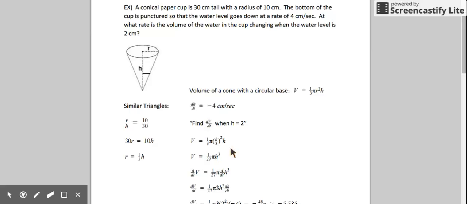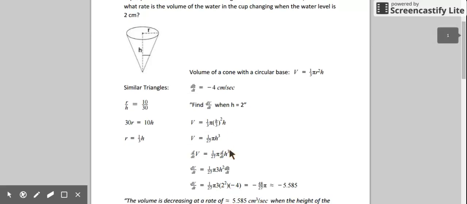So to find the derivative of the volume equation, that's how I maximize or minimize anything. Find the derivative. So the derivative of volume with respect to time is dV/dt. 1/27 pi is a big constant term. We don't derive constants, so I'm going to shift that off to the side and just derive h cubed with respect to time.